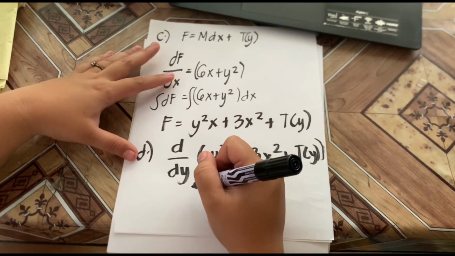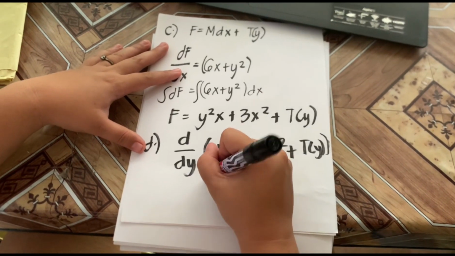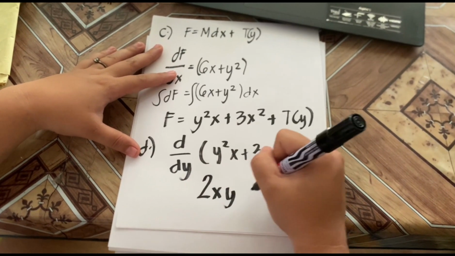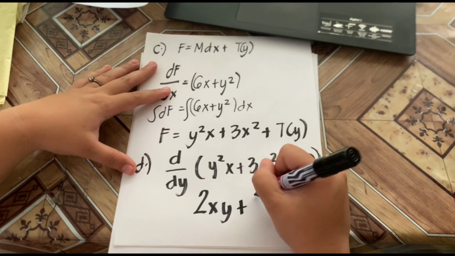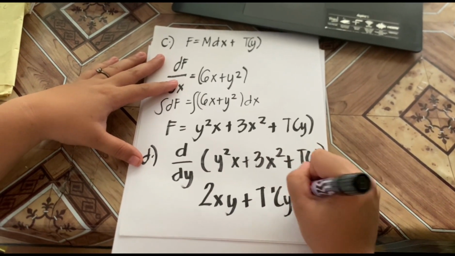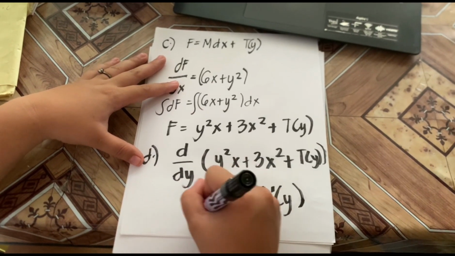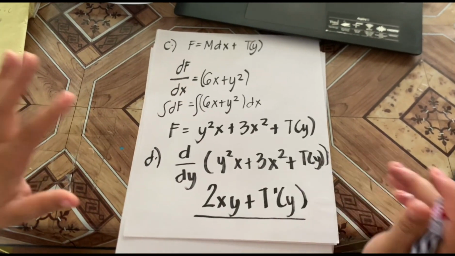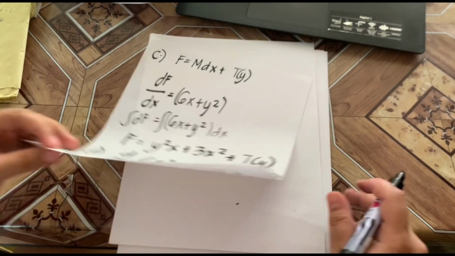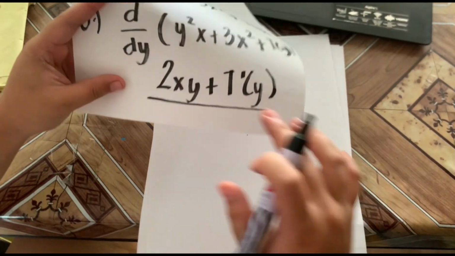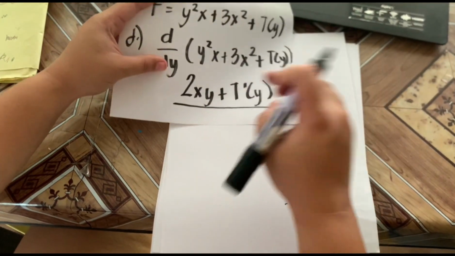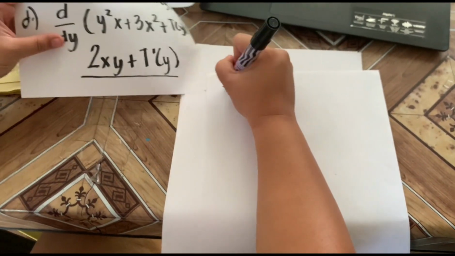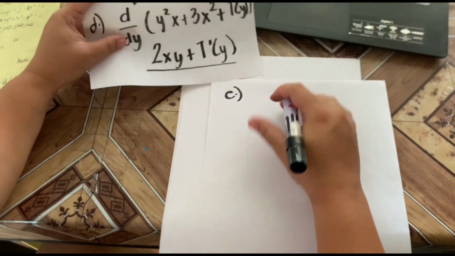So the derivative of this would be 2xy plus t prime of y, since it is in terms of y. Fifth would be to get the derivative value of it. So we are going to use the answer from our fourth step.